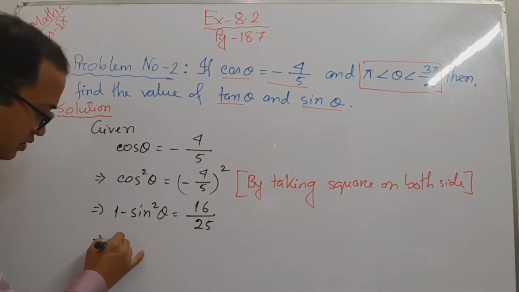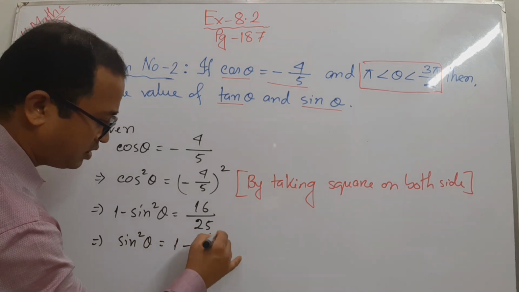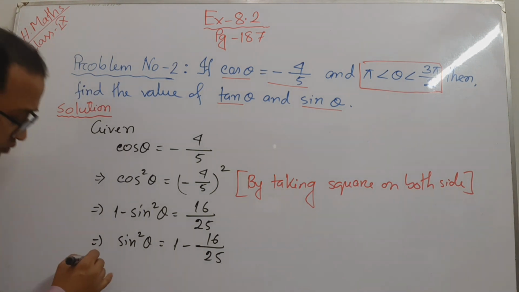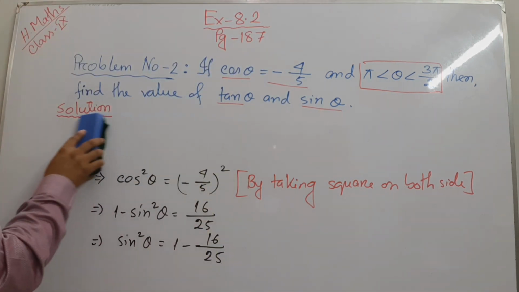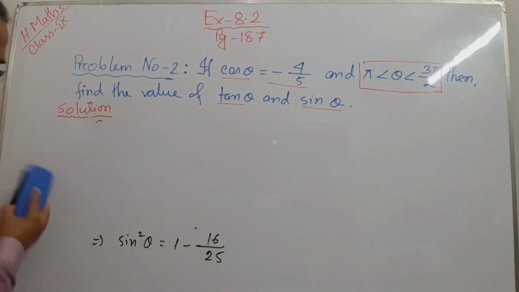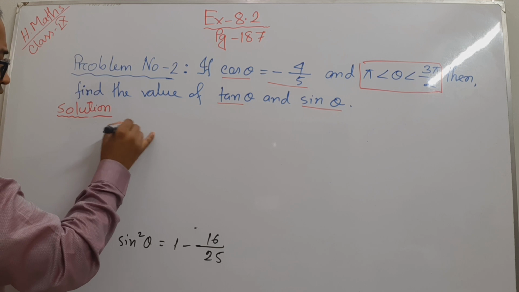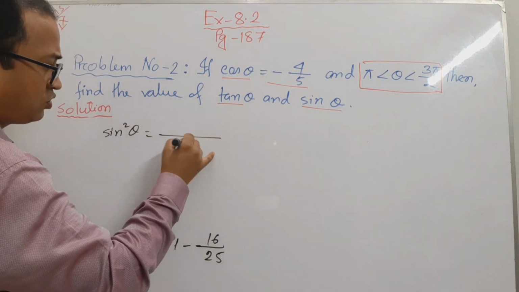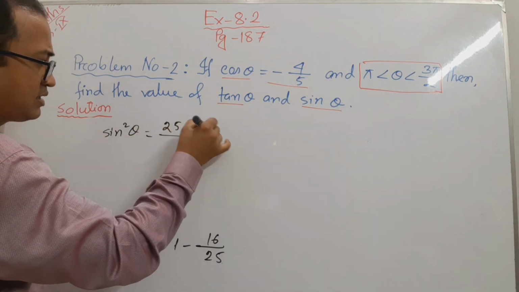So sin square theta is equal to 1 minus 16 by 25. Now if you subtract it, you will get 25 minus 16 over 25.